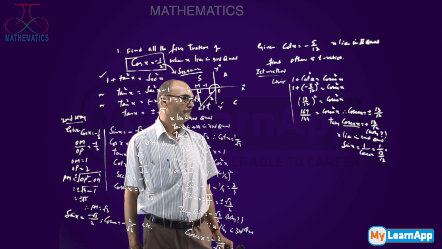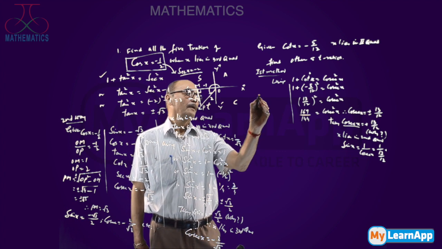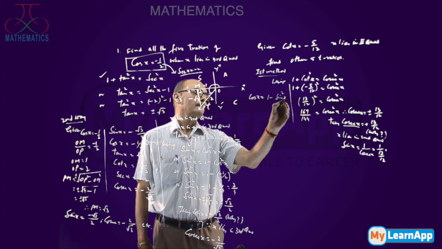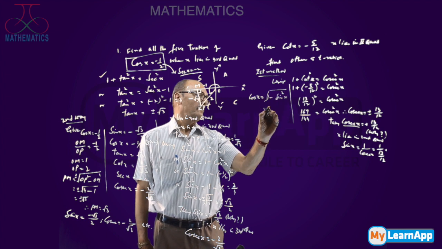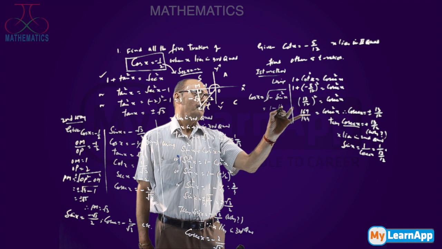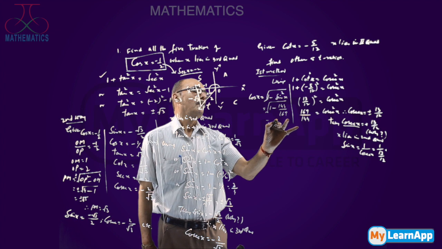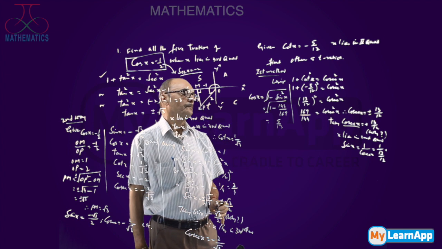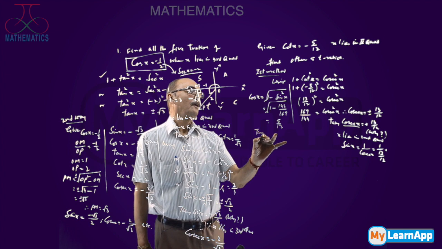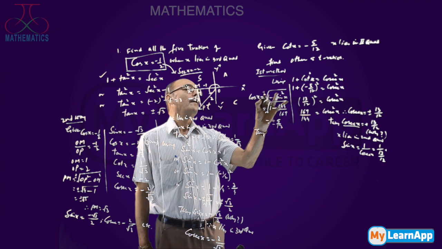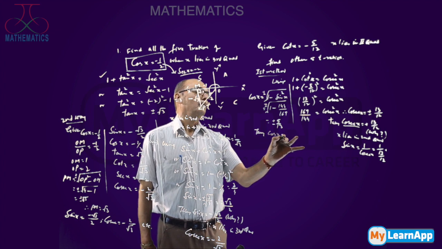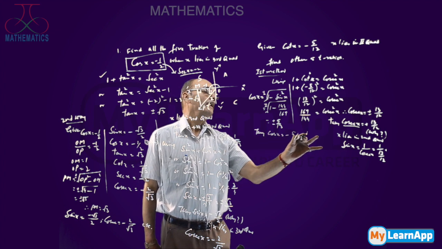For cos x, use cos x equal to the square root of 1 minus sin square x and substitute the value here. 1 minus 144 over 169, which is 5 by 13. Now, taking cos x to be minus 5 by 13. Why?